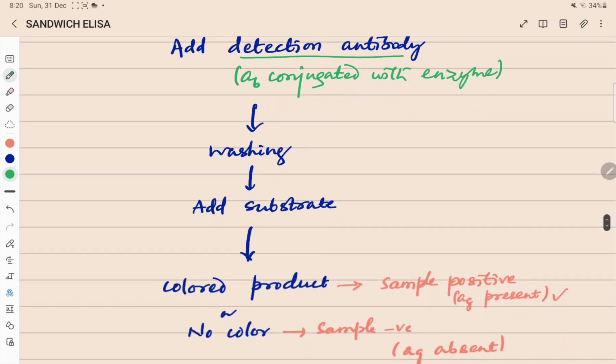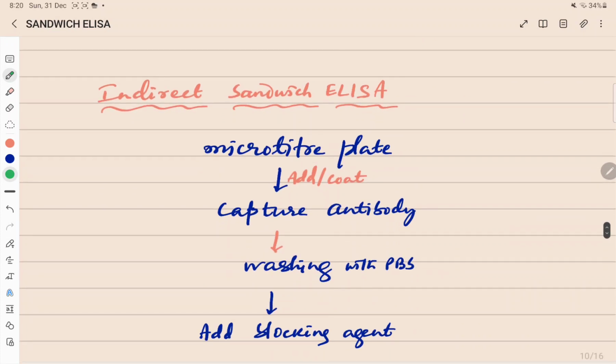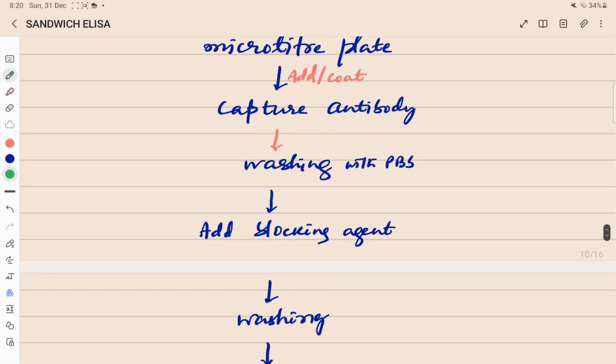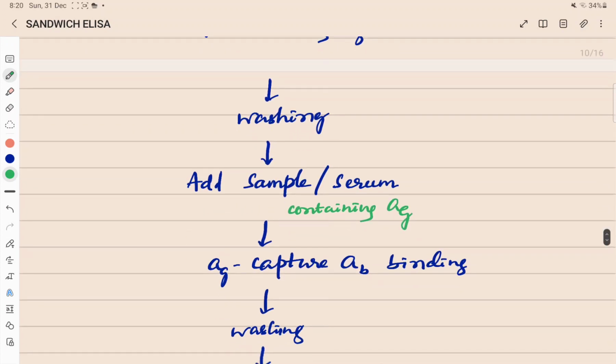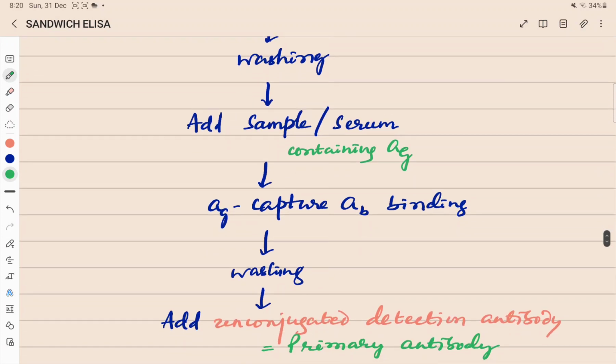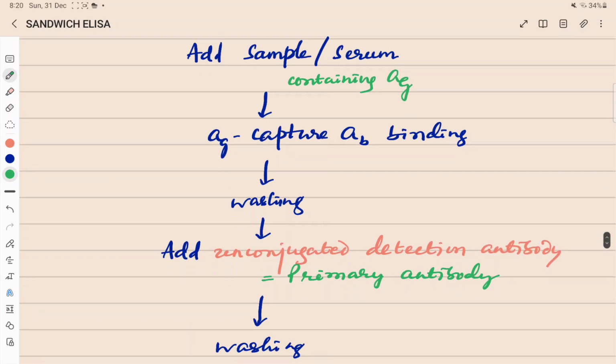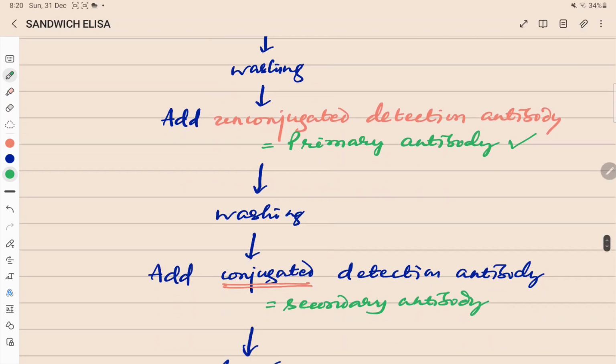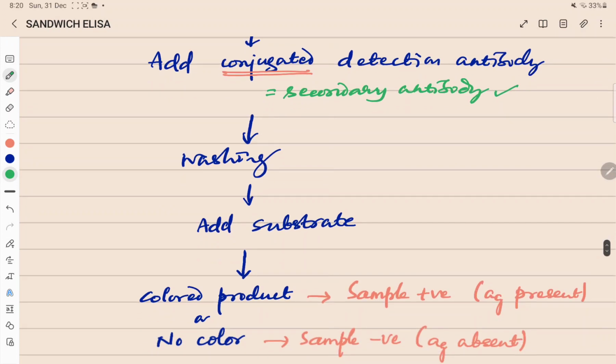So for indirect sandwich ELISA: take the microtiter plate, coat the capture antibody, then wash with PBS, add blocking agent, then wash, add sample or serum containing antigen, and capture antibody binding will occur. Then wash, add unconjugated detection antibody, that is the primary antibody, then wash, add conjugated detection antibody, that is the secondary antibody, then wash, add substrate.